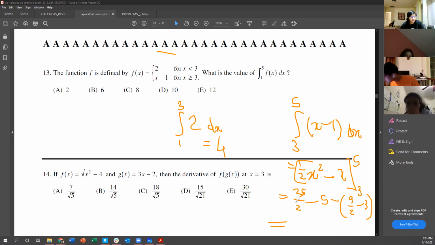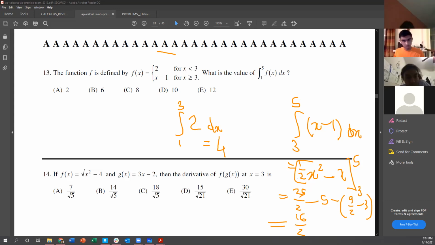Okay, 25 over 2 minus 9 over 2 is what? 16 over 2, is that correct? Someone confirm that. Okay, then minus 5 plus 3 is minus 2. So this is 8 minus 2, which is 6.